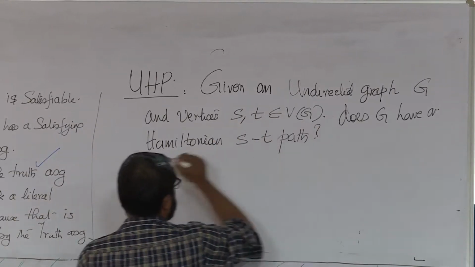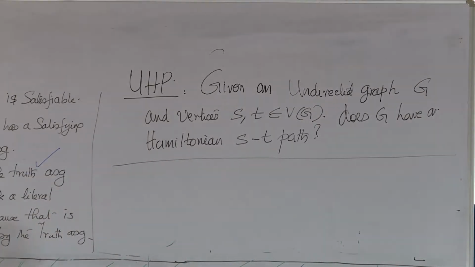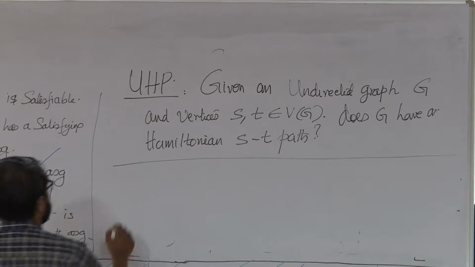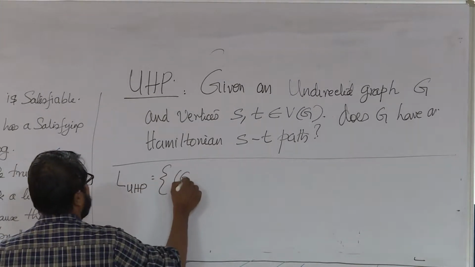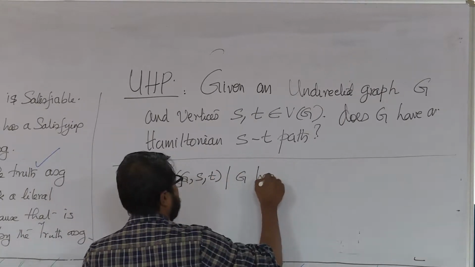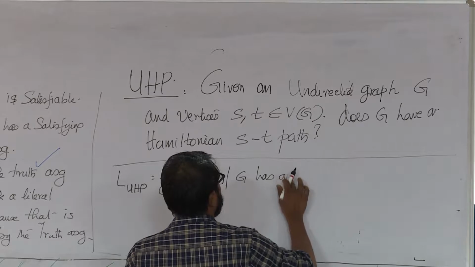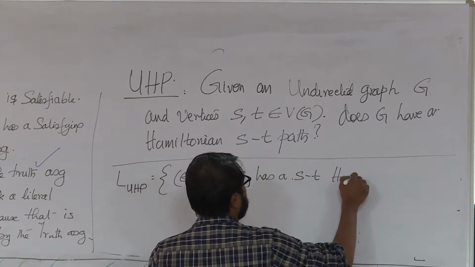So this is the question. Or the language is the set of all G, S, T such that G has an S T Hamiltonian path.